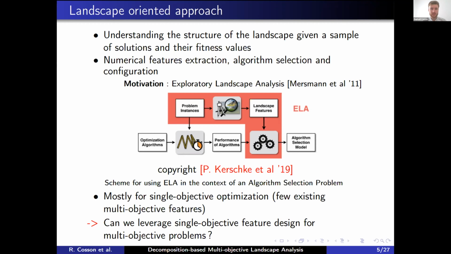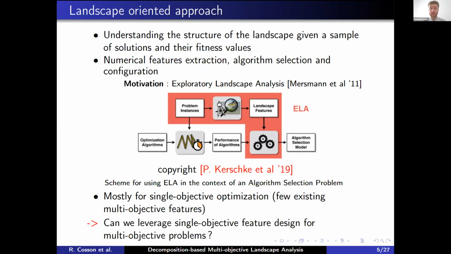Using this, from a sample of solutions, we can approximate the geometrical structure of the problem. Landscape analysis is not only useful to have a fundamental understanding of the structure, but we can also extract numerical features, which are numerical approximations of the structure.